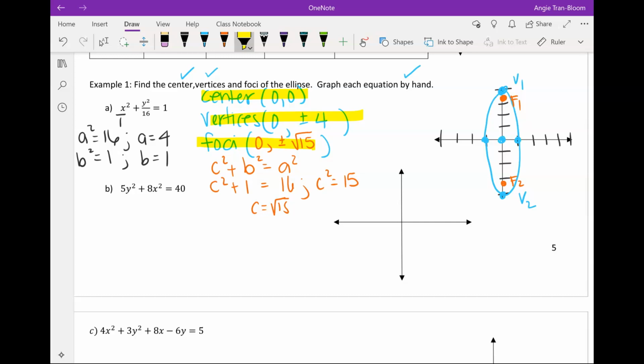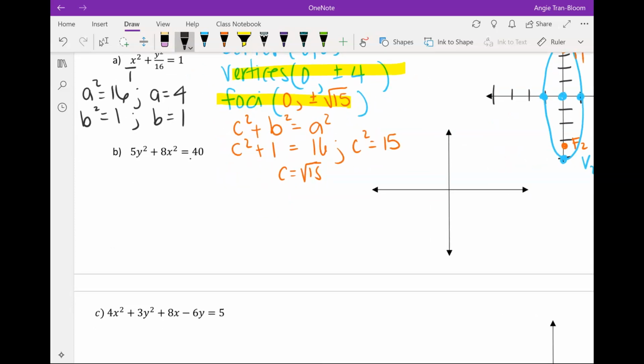Currently, is it equaling to 1? No, so you must do what? That's right. Every single term must be divided by 40. Okay. So now we get 1 equals. Now, what's on the other side? y squared over 8 plus x squared over 5.